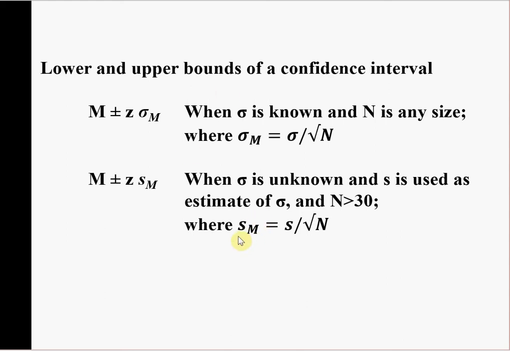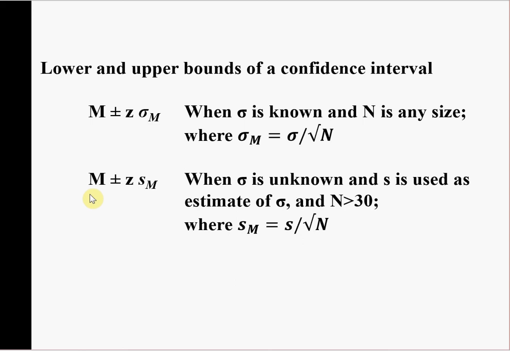So the result is an estimated standard error. This is the true standard error, and this is the estimated standard error. You put this term in the equation, but you can still use the z-score as long as the sample size is large enough, for example, larger than 30.